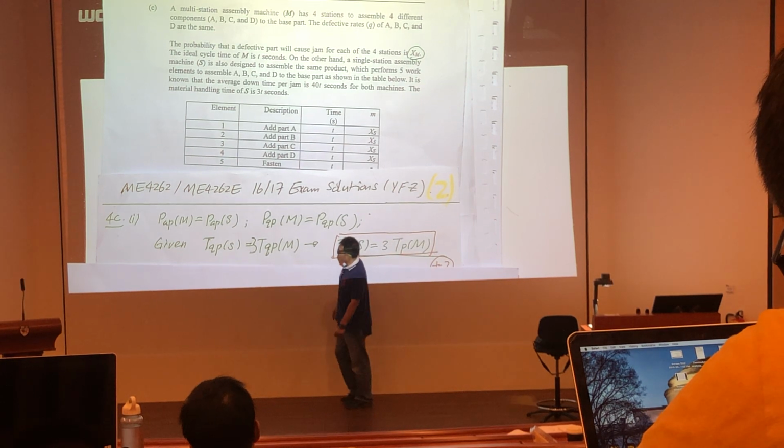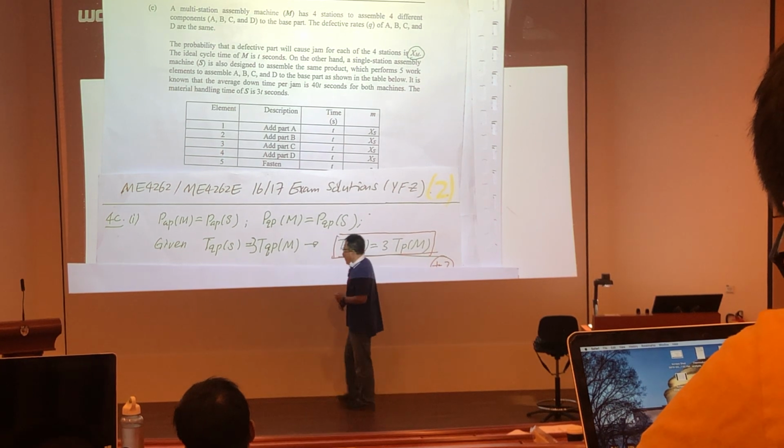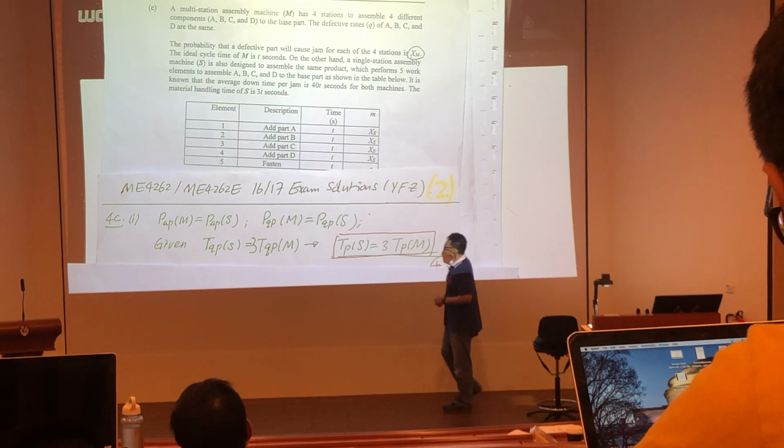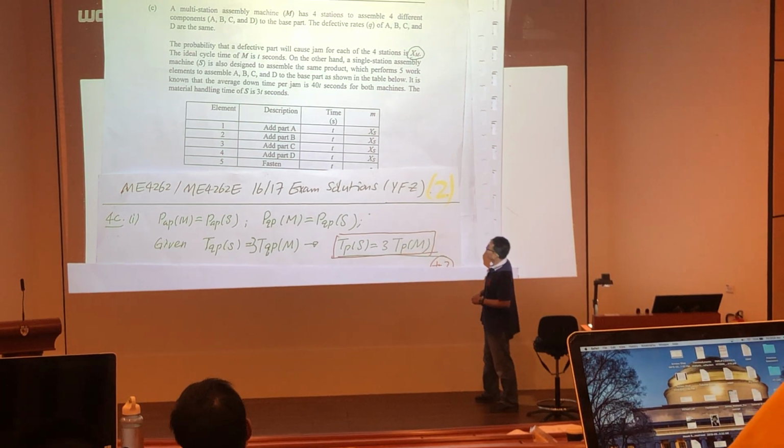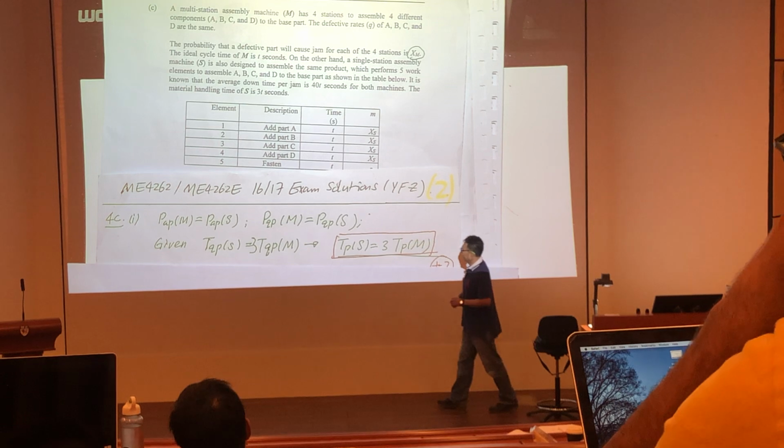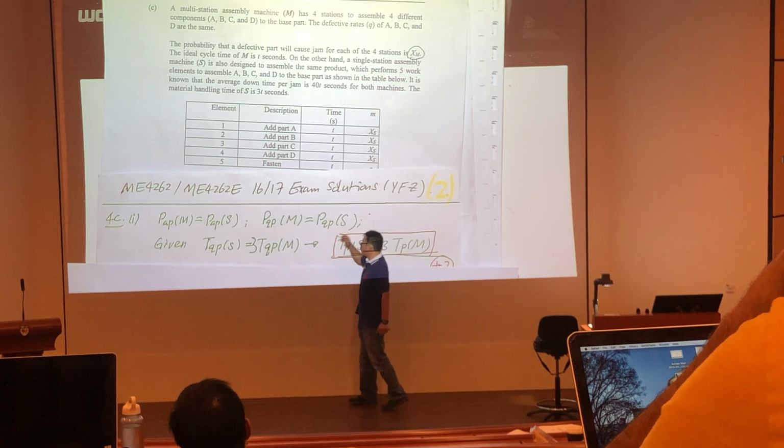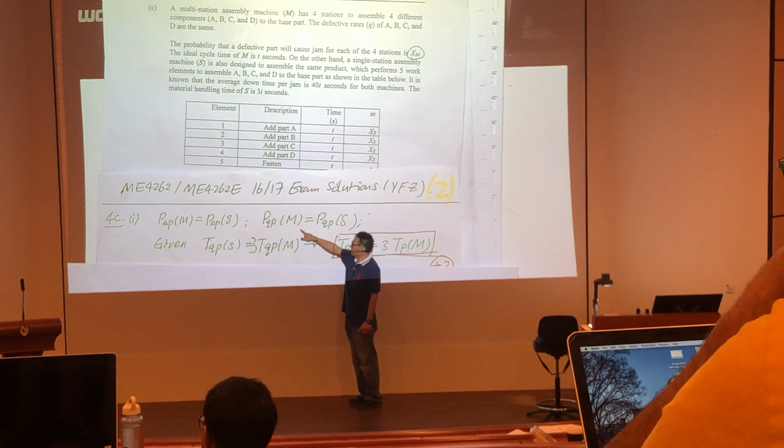And at the same time, we know that the production rate of good assemblies, PQP, the proportion of good assemblies, is also the same, right?